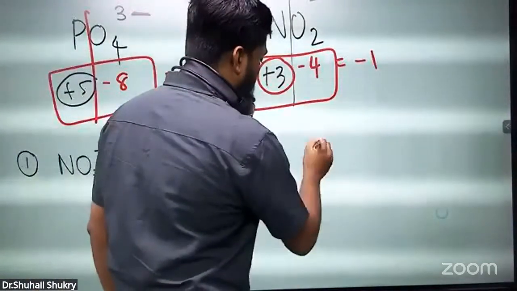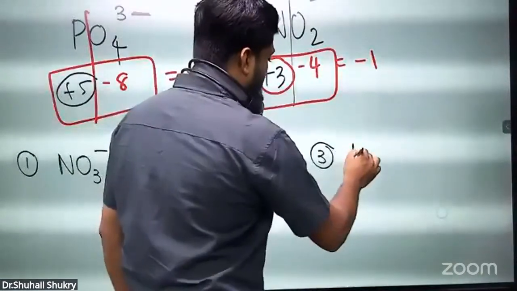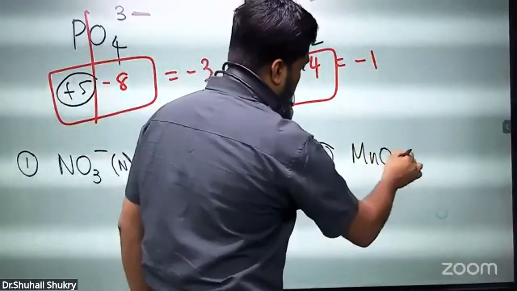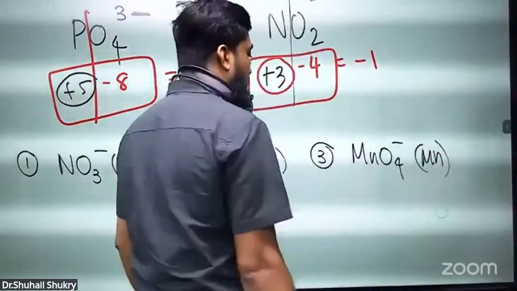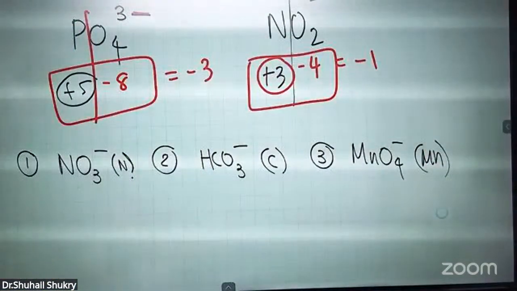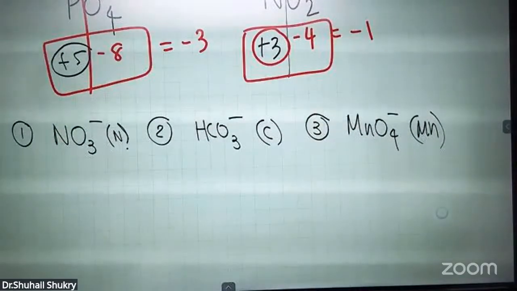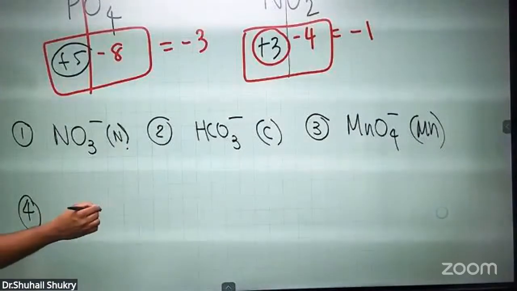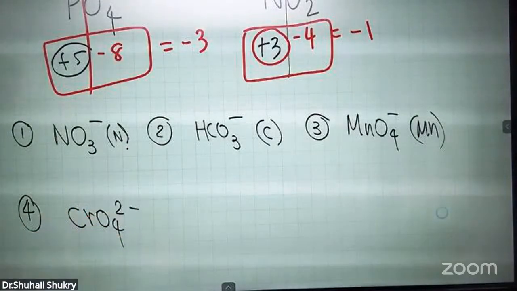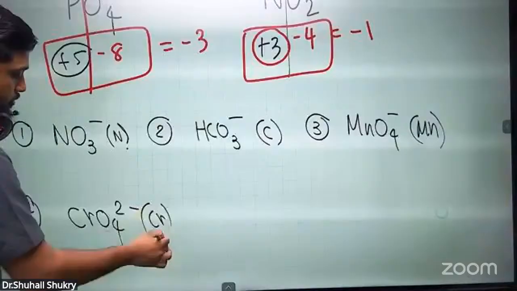Number 3, MnO4 minus. Here you have to find for Mn, right? Number 4, CrO4 2 minus. You have to find for Cr.